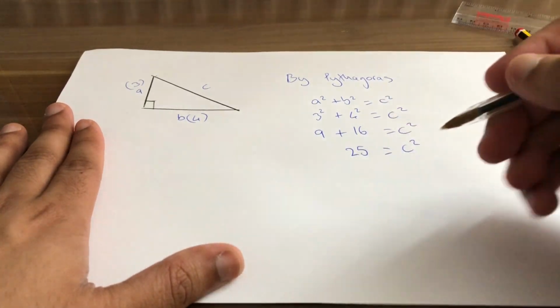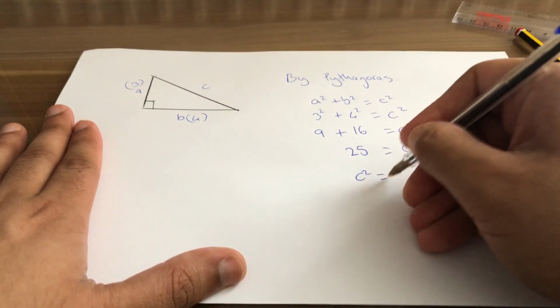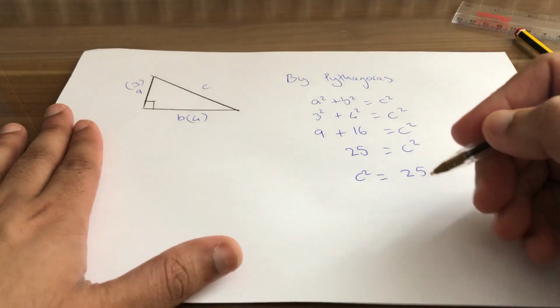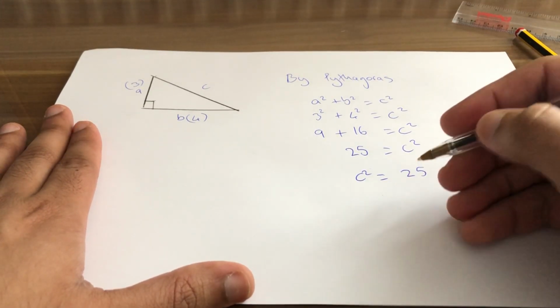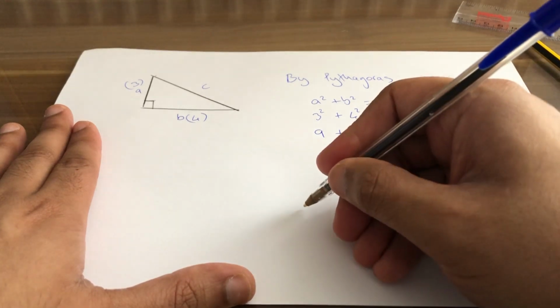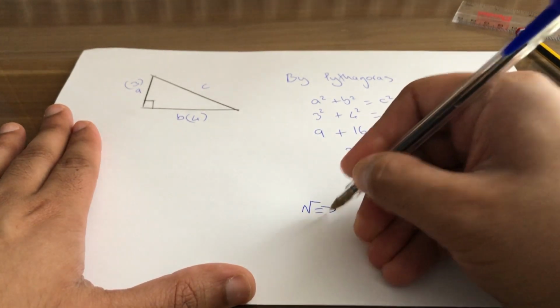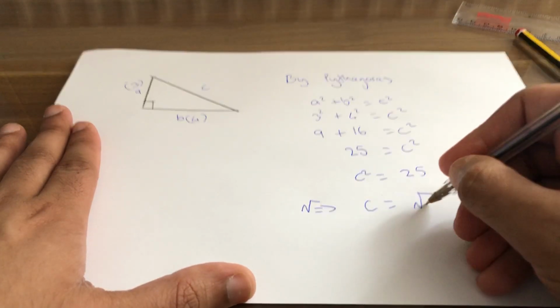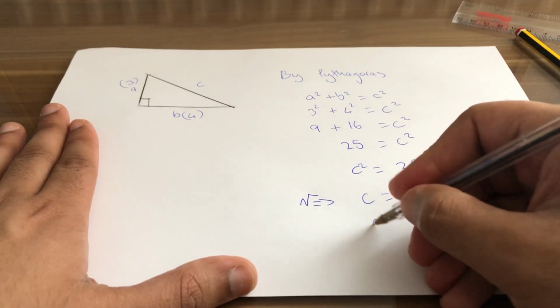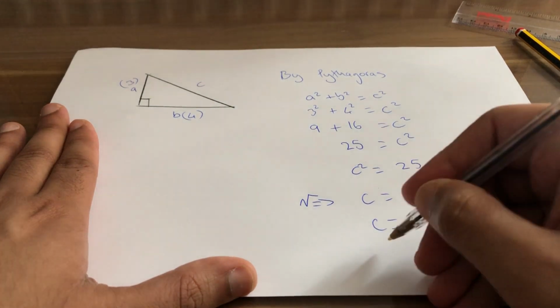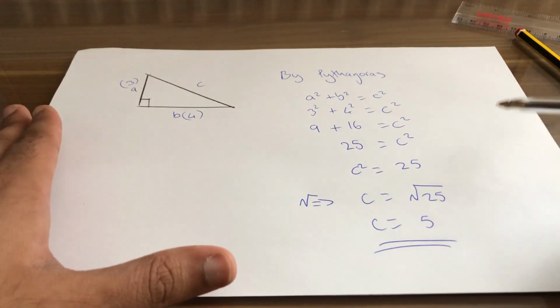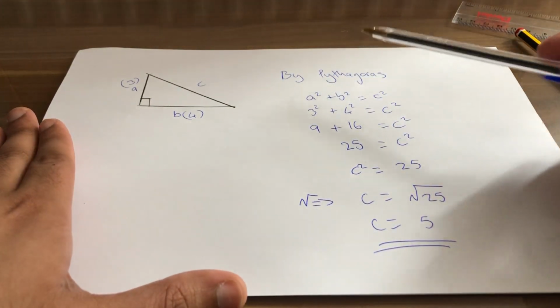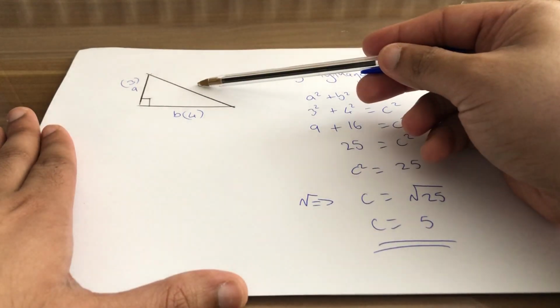Let's now rearrange this as c squared equals 25. We can do square root of both sides, c equals square root of 25, and then c equals 5. So we have now used Pythagoras theorem to calculate the hypotenuse.